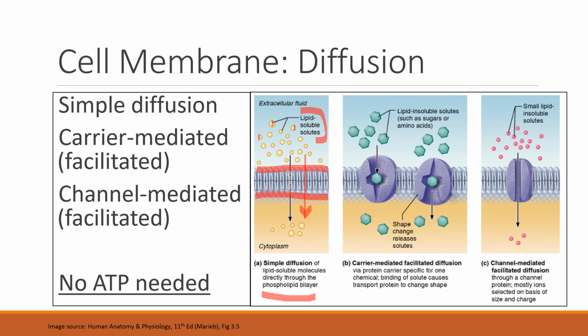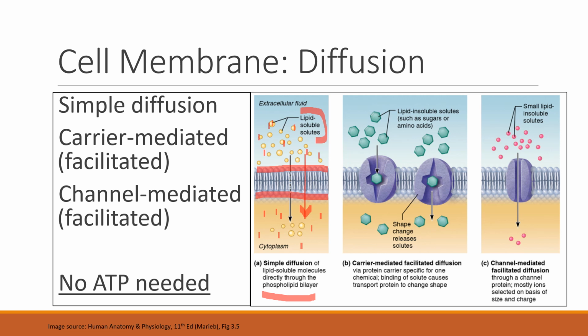into the cytoplasm until the point that there's no longer a concentration gradient, right? So until the particles on the inside are in the same concentration as the particles on the outside, just like that beaker of water and the dye.